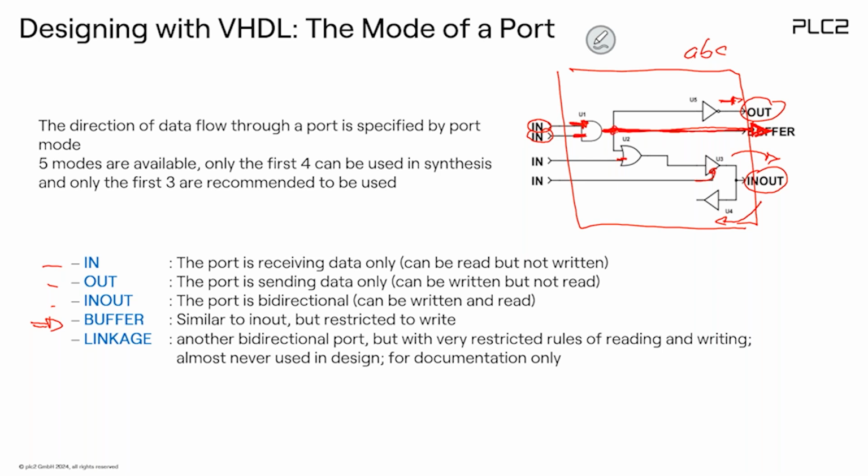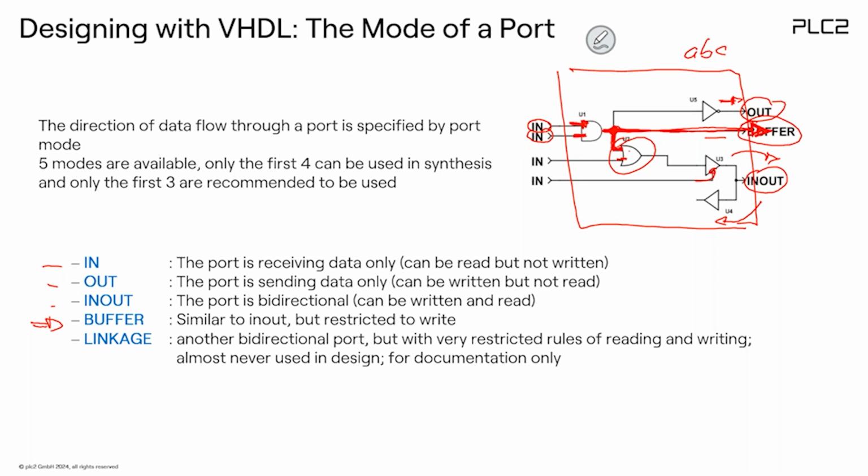But if you use this signal internally as an input, then VHDL will generate an error for you, because this cannot be an input because it's an output. In order to explain this, you have to define this port to be of mode buffer. Buffer means I'm generating this as an output, but I'm also using this as input internally.